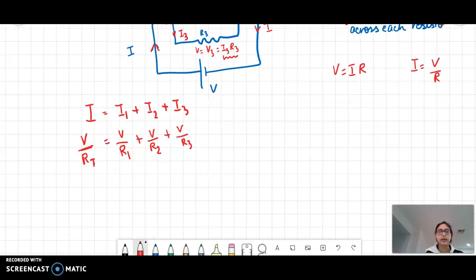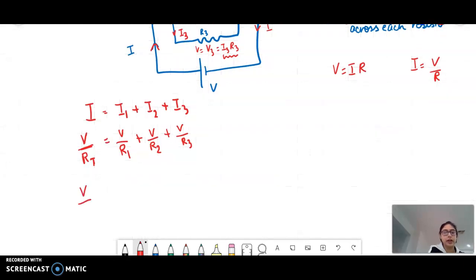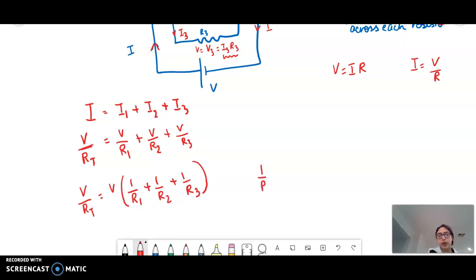Let's then take V as a common factor and see what we get. 1 over R1, plus 1 over R2, plus 1 over R3. And if I divide both sides by V, I get the total equivalent resistance in a parallel circuit is actually this. So this is the formula.